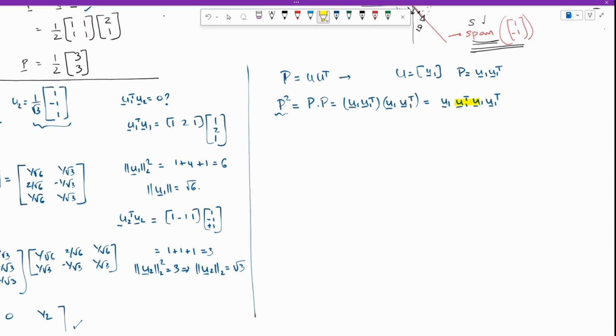But we know that already. What is U1 transpose U1? Well, it's 1 because it's an orthonormal basis for a one-dimensional subspace. If it's 1, that means what I get is simply U1 U1 transpose. That means if I do P squared, I get P. What if I did P cubed? What will I get?